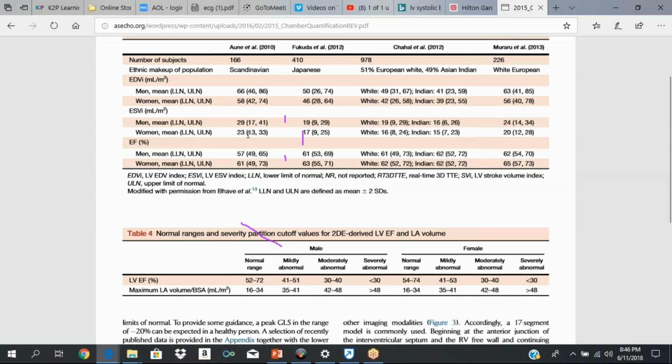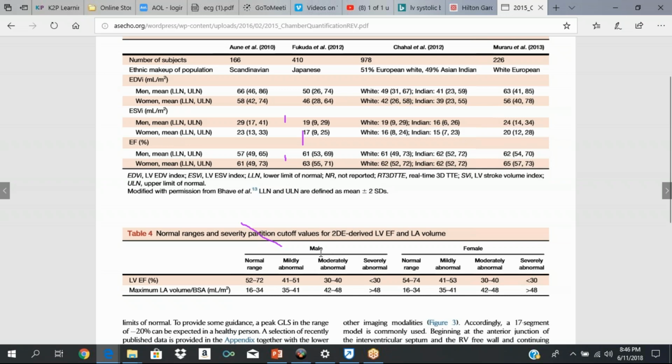Yeah, so it's right out here. All right, so this is the ejection fraction, whether you're male or female. And you can see we have a normal range, a mildly abnormal range, moderately abnormal, and severely abnormal.